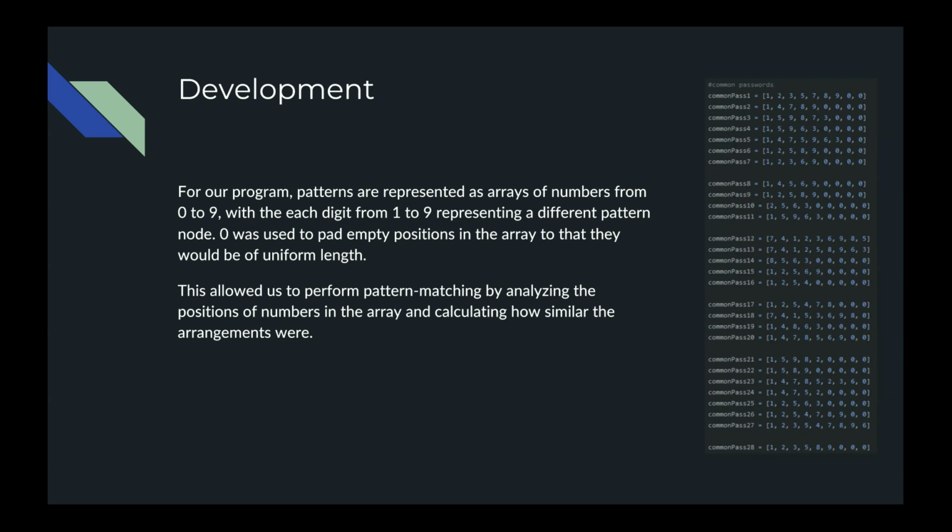And if someone hits a lock point that is in the pattern, but it's not in the correct position, they would get half a point. Then this would be added up and divided by the number of points they have hit.